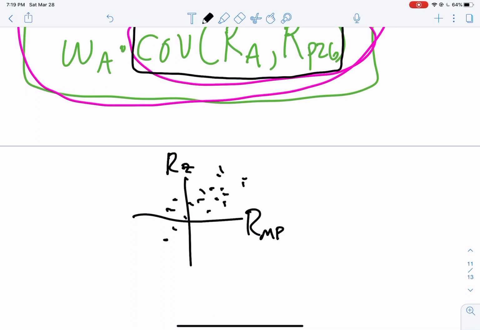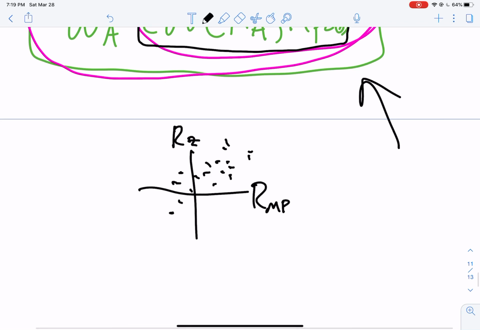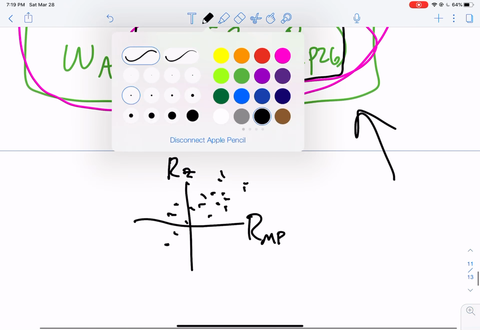Maybe we'll pretend that our market only consists of 26 securities. That would be convenient to tie this in to my last example up here. Okay, well, it looks like a straight line might fit this data pretty well. So if we try to fit a straight line to this data, our eyes tell us it's something like that.